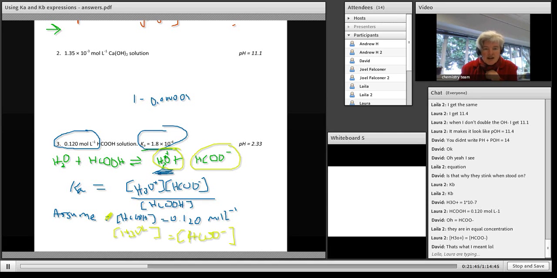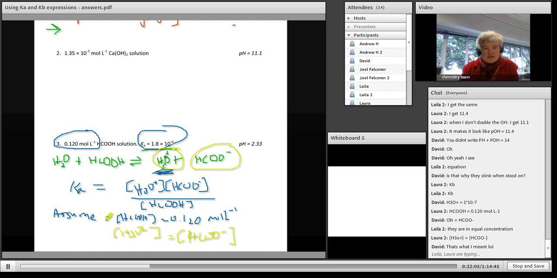So if I've got that, now we substitute. We've done the equation, we've done the expression, and now that we've done the assumptions, we simply substitute. So let's carry on.